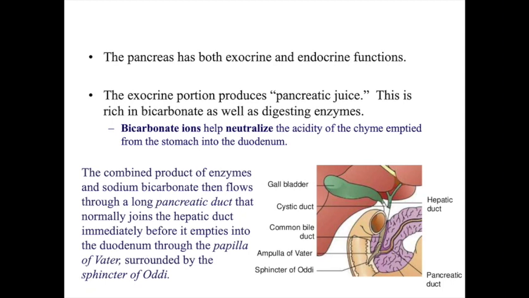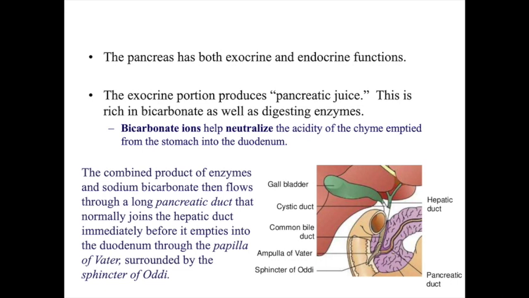In addition to having enzymes, it will have a lot of bicarbonate ions. Bicarbonate will be responsible for neutralizing the acid. So all this, the enzymes and the sodium bicarbonate, will flow through the pancreatic duct, which then will join with the common bile duct.